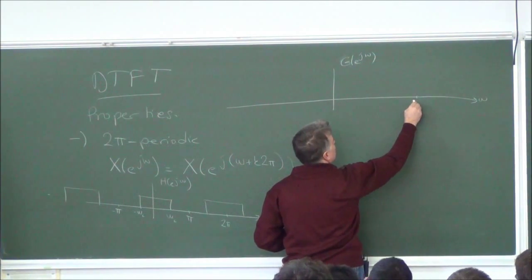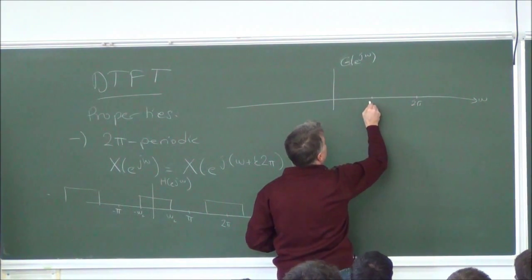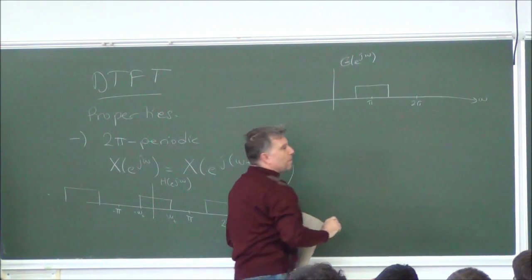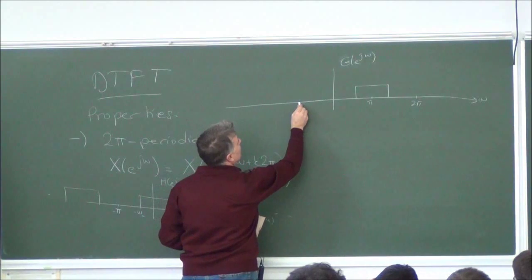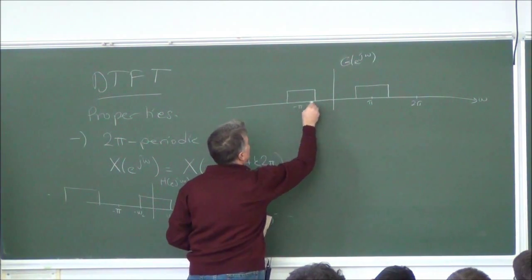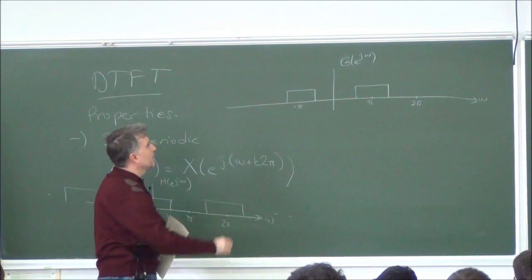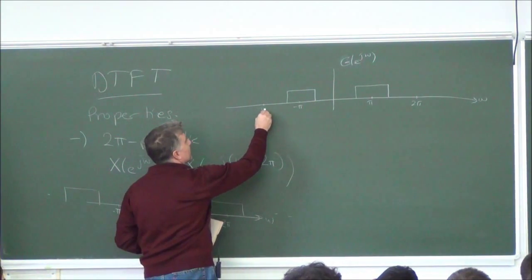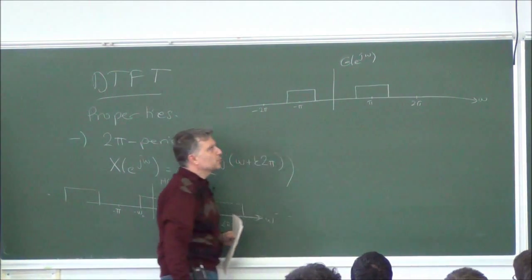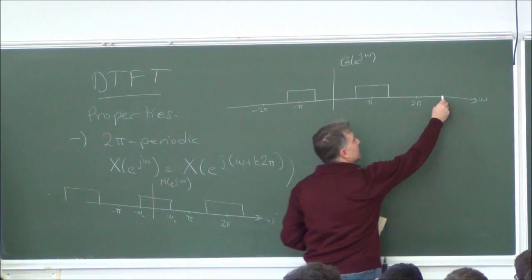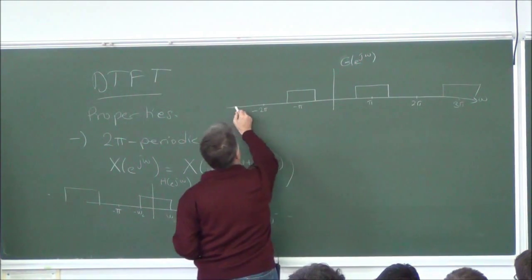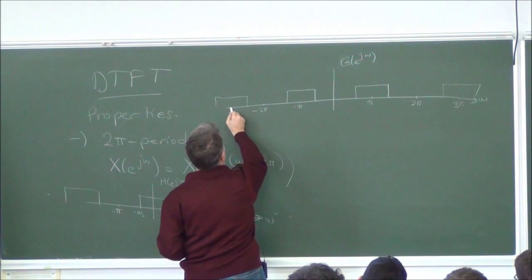So if this is 2 pi and this is pi, around pi we must have a passing region like this. And there must be nothing at 0 and integer multiples of 2 pi. But around 3 pi we must have something. Similarly around minus 3 pi.